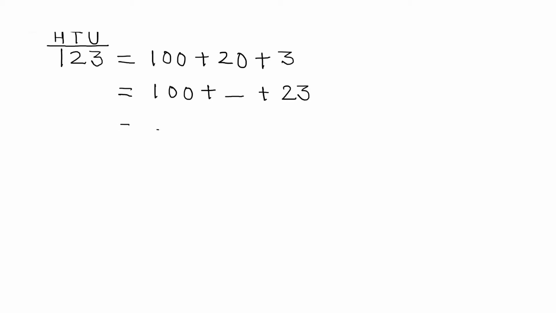Now when I say this place, I am basically referring to the hundreds place. Can I put this place as a vacant place followed by, let's say, 120 plus 3, and then finally I'm writing it as a vacant place plus another vacant place plus 123.